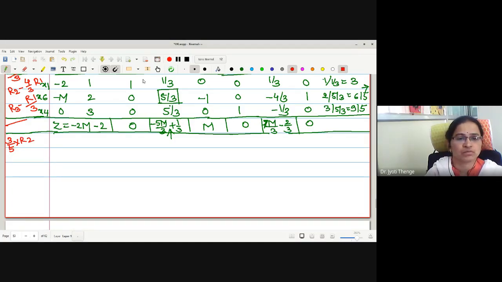Next, for converting this R1 to 0, we will divide by 5 so that this term will be 1 by 3 and subtract from the first row. Therefore, it is 1 by 5 R2. Third one, easy. R3 minus R2.